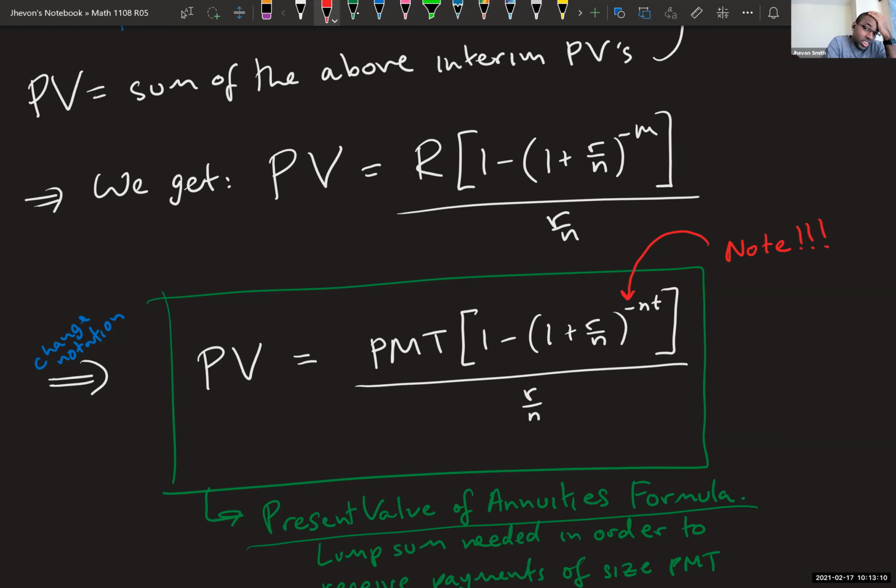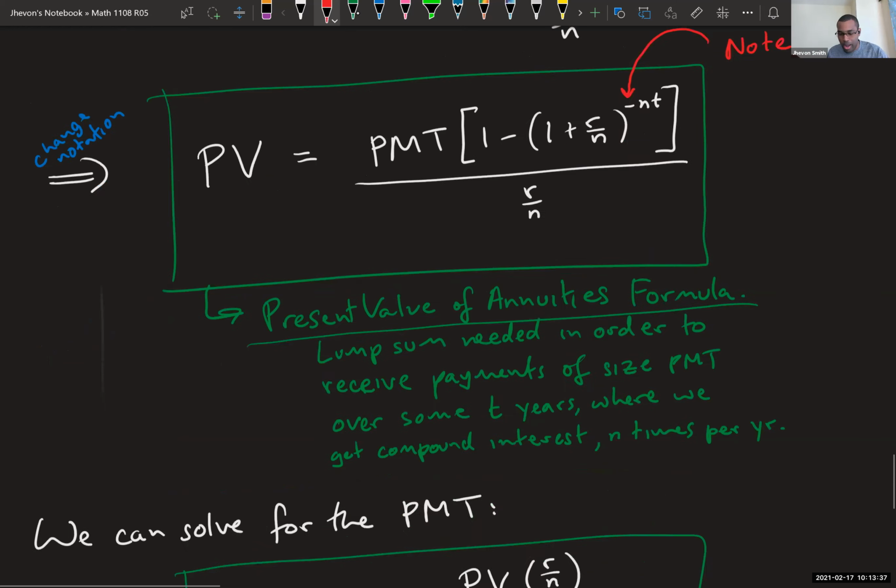If you're doing your calculations correctly, you don't want a negative answer because it means you're going to owe money in some form. But sometimes you'll get a negative answer if you forget that negative power. So be very careful. There are a lot of formulas where we type in the powers NT, so your fingers get used to typing that. And then when you need to put that negative there, you just forget because your muscle memory isn't as attuned there. So definitely be careful with that negative power.